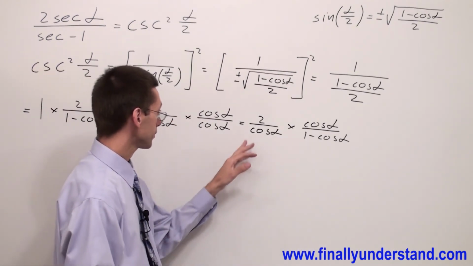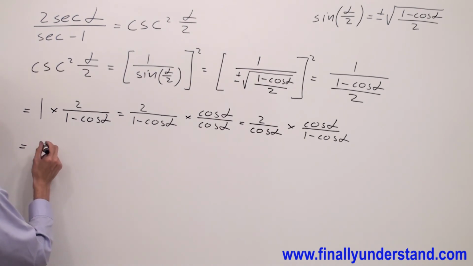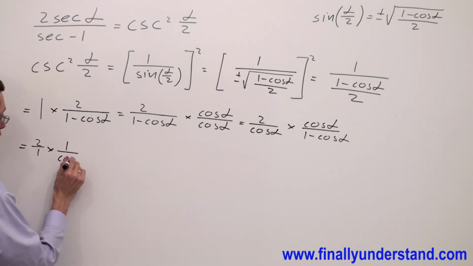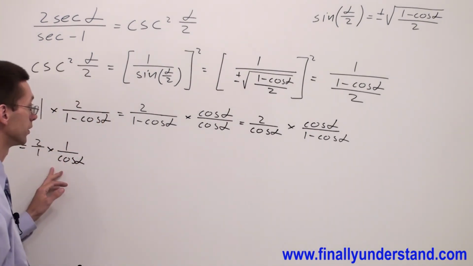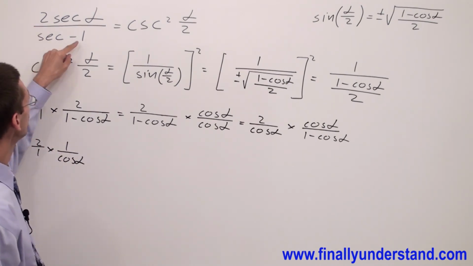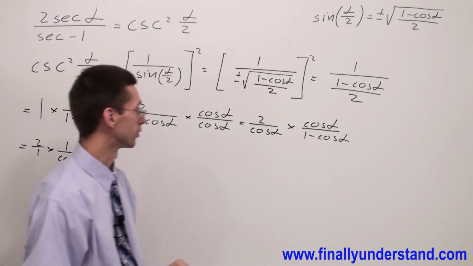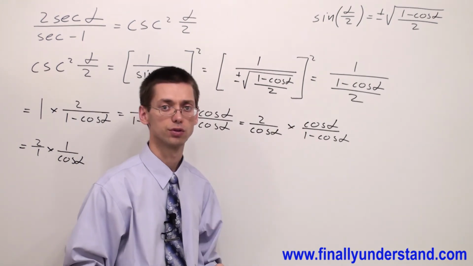Now, so this is my numerator, and let me just maybe make it a little bit simpler. This is 2 over 1 times 1 over cosine alpha. You can rewrite this part like this. And we're supposed to have secant minus 1 in the denominator. But we have cosine alpha over 1 minus cosine alpha, right?